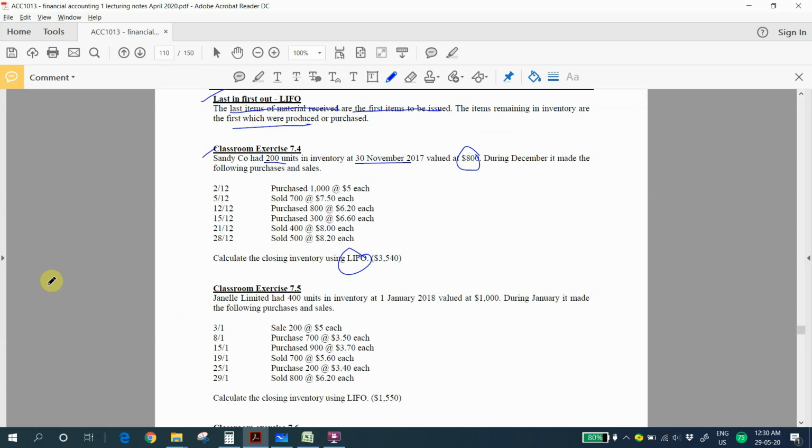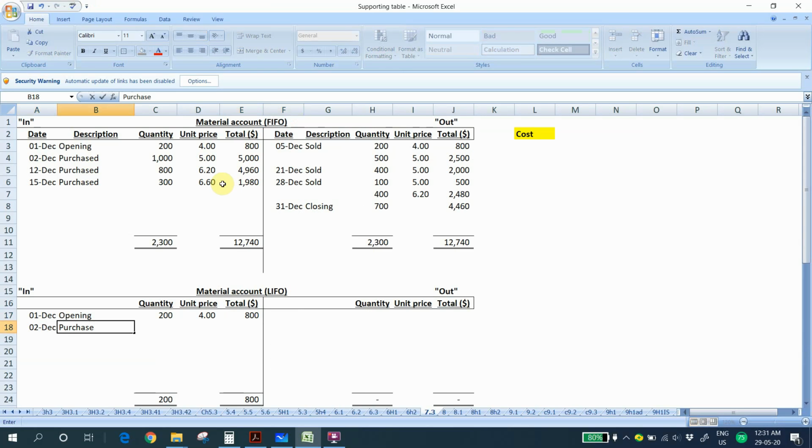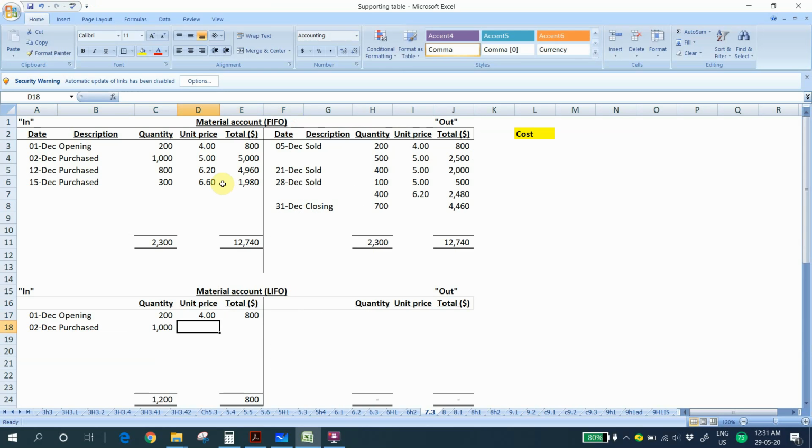Next, we purchase 1000 units at the value of $5 each. So 2nd of December, purchase 1000 units, $5 each, so the total value is 5,000. We multiply quantity by the unit price, and we get the total value.